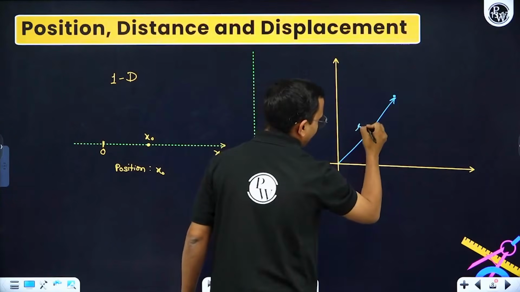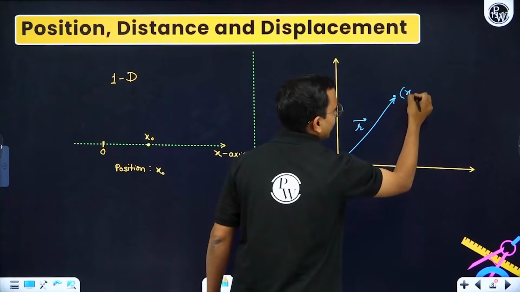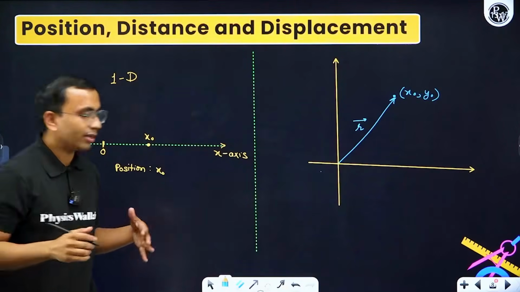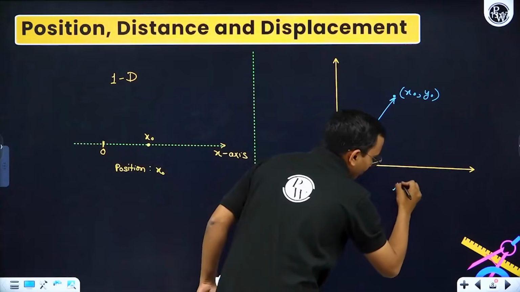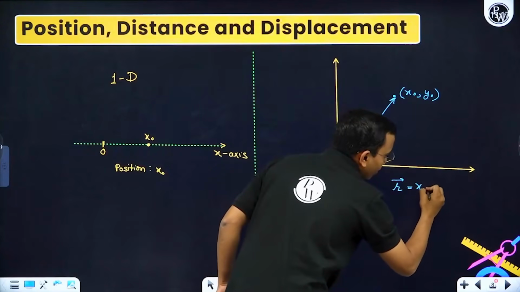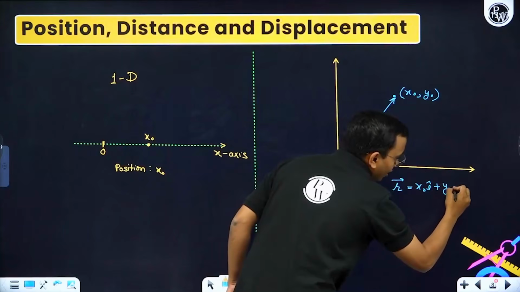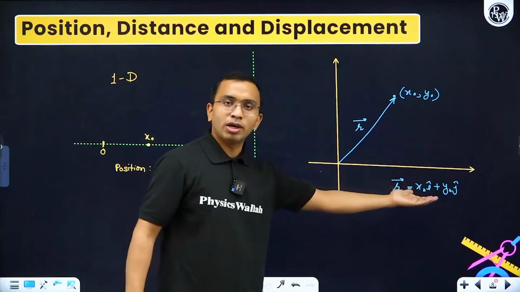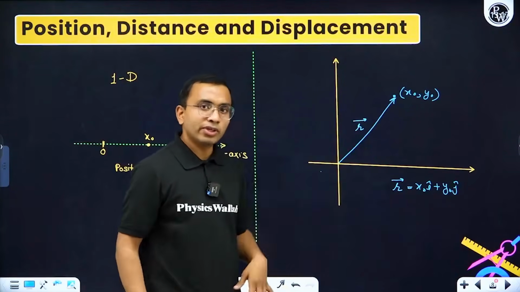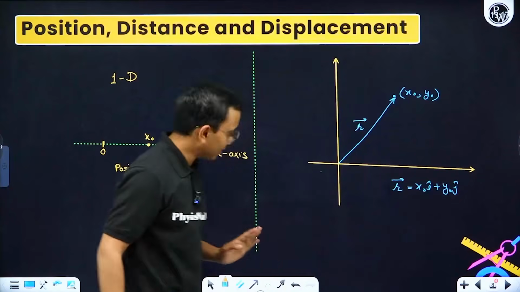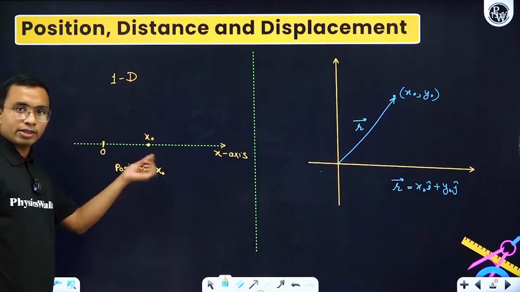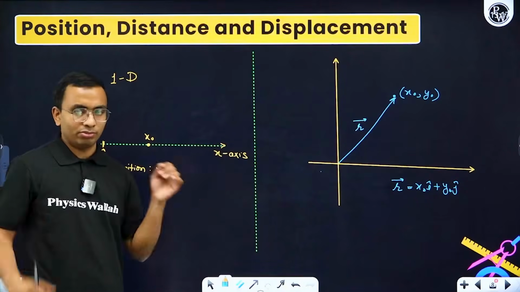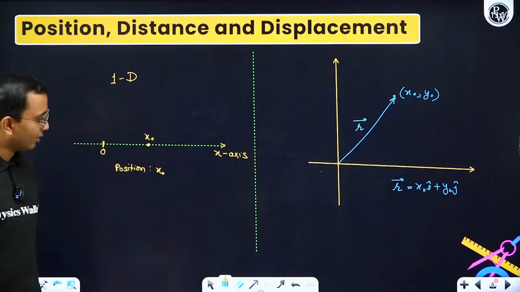Let us take this as my r. The coordinates here are x naught comma y naught. So when I denote the position here, I'll write x naught i cap plus y naught j cap. Simple. This is in 2D because there are two coordinates, x and y. So I need to tell how much length along the x-axis, how much length along the y-axis. In 1D there was only one coordinate, so I just wrote that coordinate. Here we need not even write i cap because it's understood. It's moving in one direction, so one coordinate will be there.